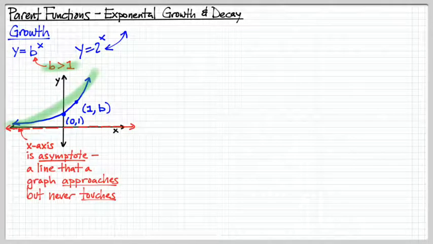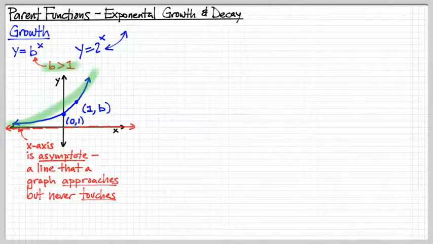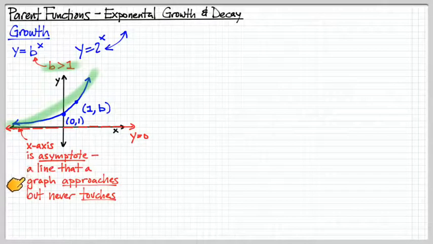We have our asymptote, which is the x-axis. It's equal to the y is equal to 0 line equation. Again, our asymptote is a line that the graph approaches but never touches.